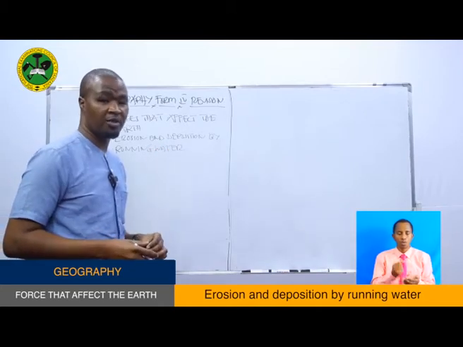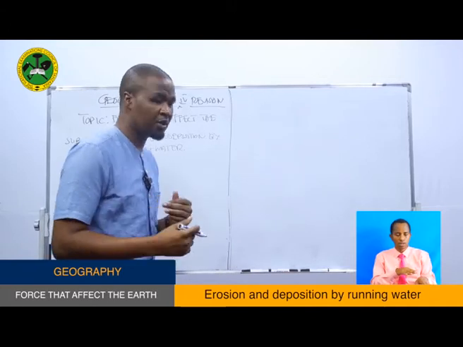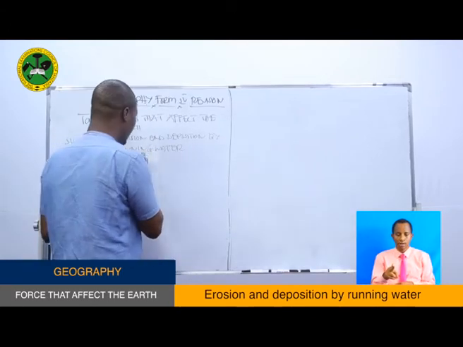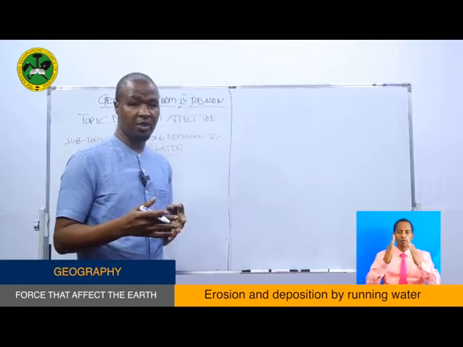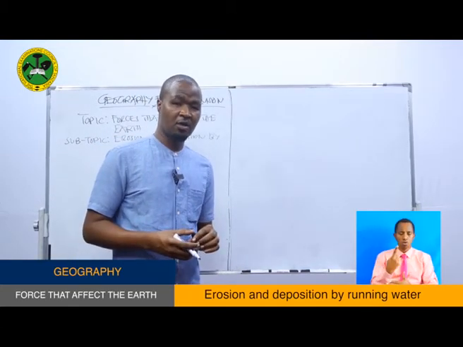So running water means we are going to see what are the river and the river system. Are you with me? It means we are going to see what is a river, different concepts in a river, as well as the processes, as well as the features that occur as a result of the surface runoff.